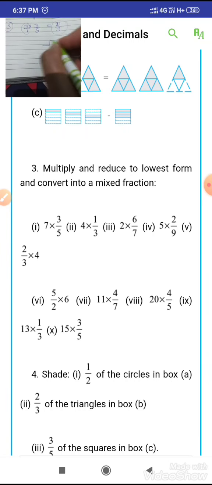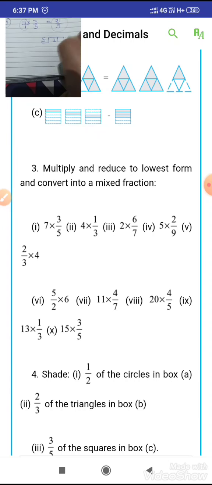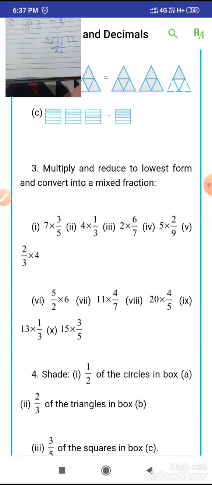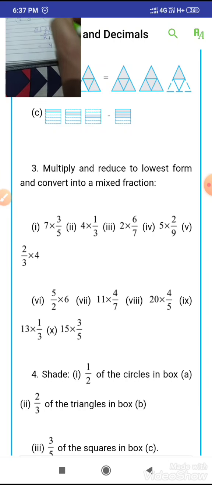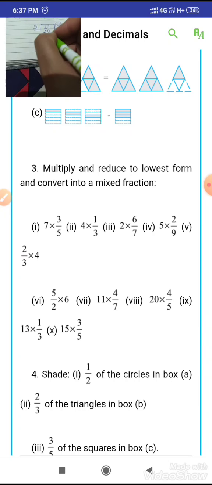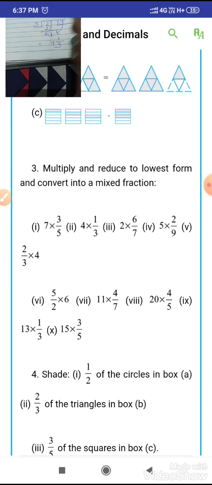For this, we divide 21 by 5. 5 4s are 20, and the remainder is 1. So we write 4 complete parts, it means 4 whole, 1 upon 5. We simply follow this improper to mixed fraction conversion by these arrows. First we write 4, then we write 1, and at last we write 5.